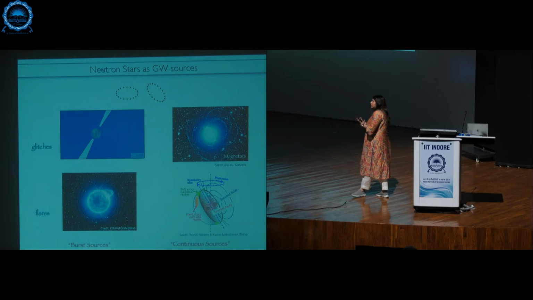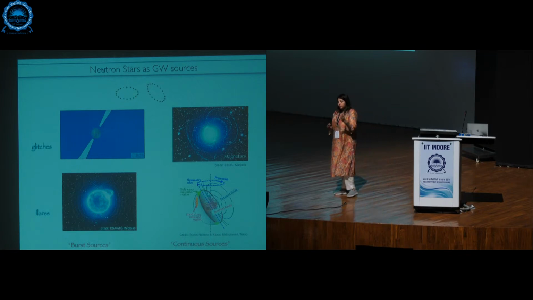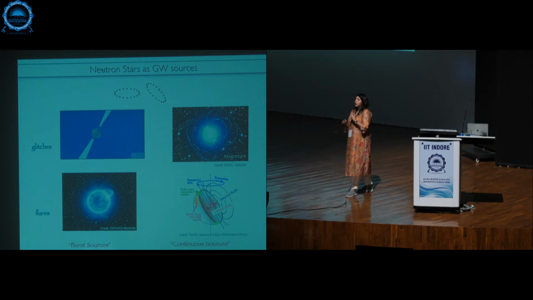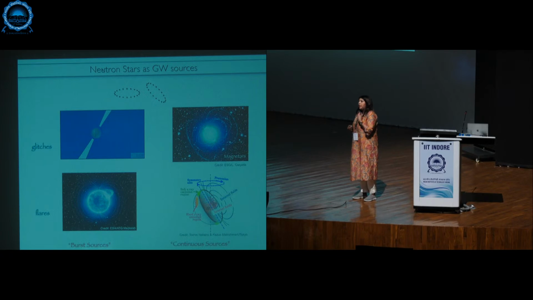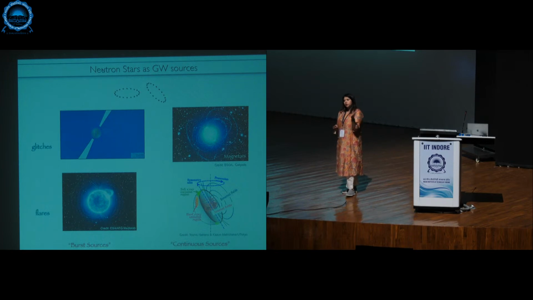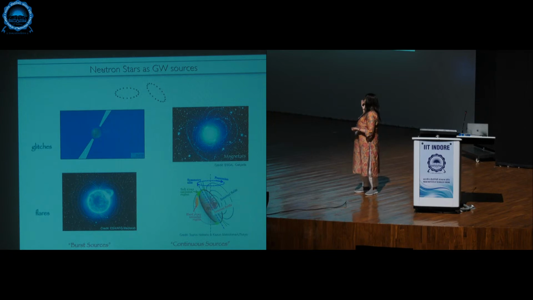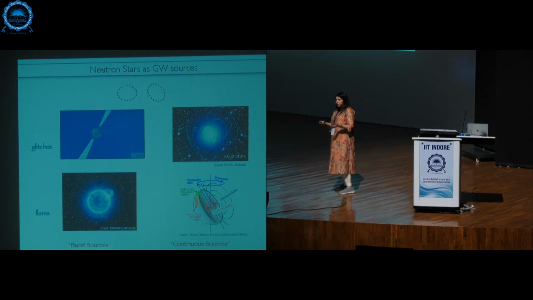So if there is a rotational glitch, which means that a neutron star, they are very accurate rotators, one among the very accurate clocks in the universe, suddenly changes its rotational frequency, such glitches could set off burst gravitational waves. If there are flares, neutron stars can be ultramagnetized.